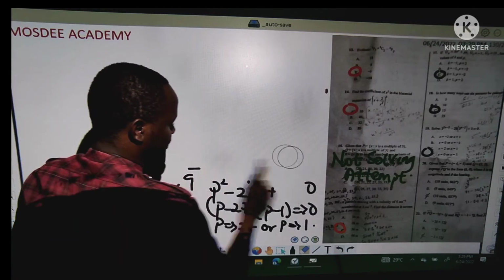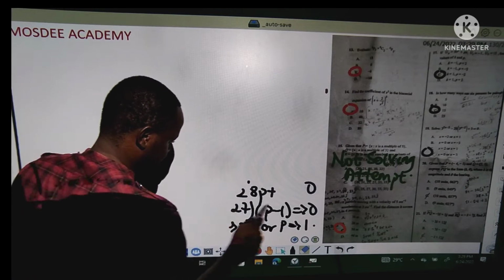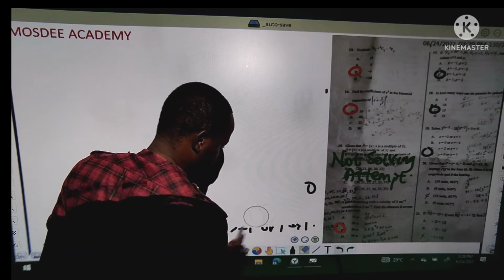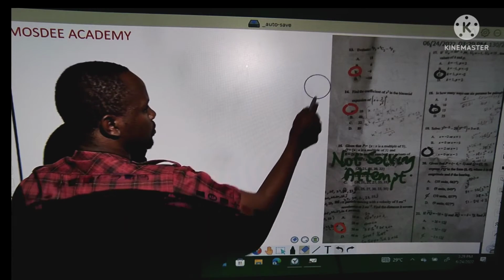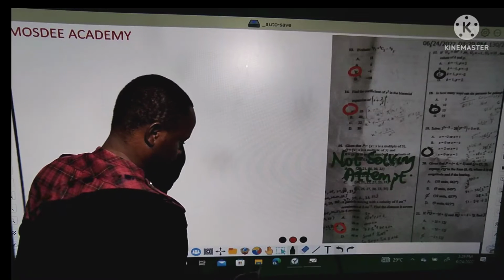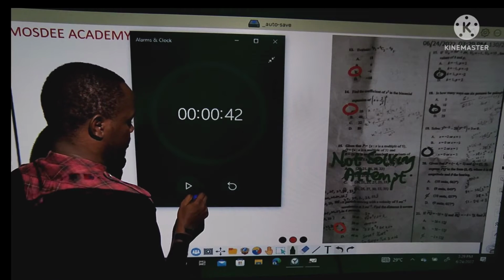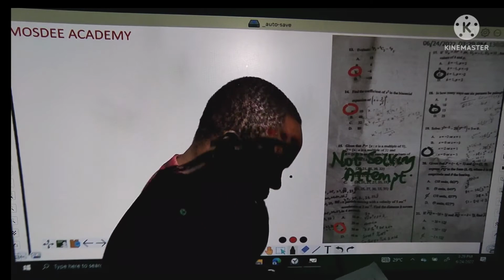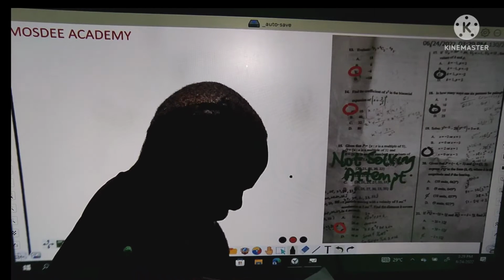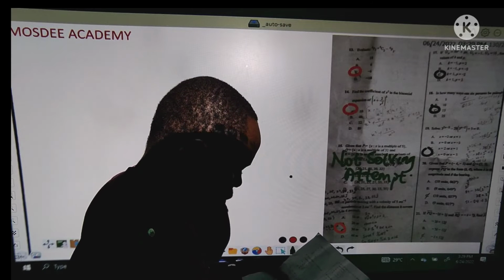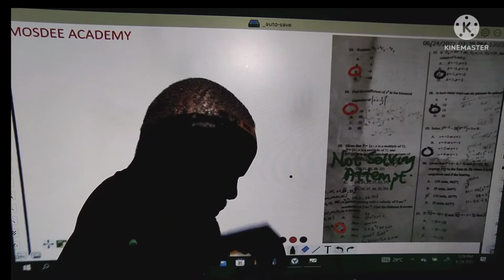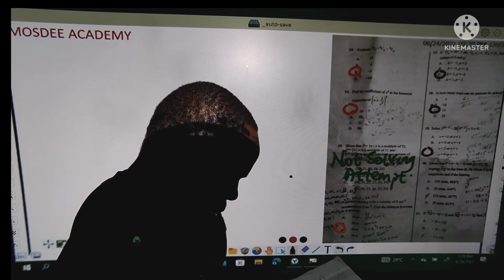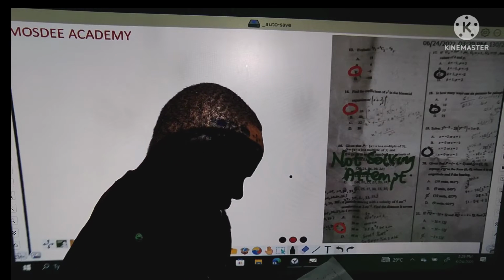Now the next question is a question on vectors. We are given that P equals negative 4, 5 and Q equals 2, 3. We are to express the line joining PQ in the form of k, where k is the magnitude and theta is the direction.